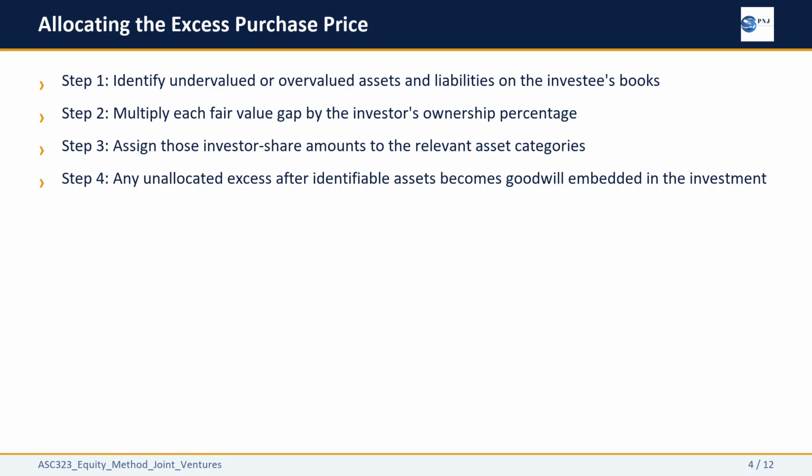Only after you have exhausted every identifiable asset and liability does the remainder qualify as goodwill. Getting this sequence right matters enormously because identifiable asset allocations get amortized over time, while the goodwill piece does not. That distinction hits your reported earnings every single year.